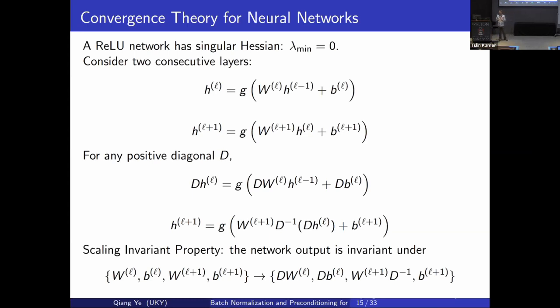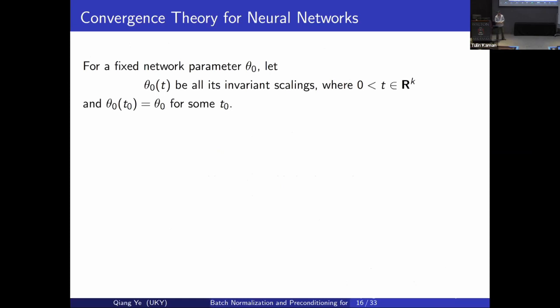So the output is invariant under this diagonal scaling. In general, a neural network is over-parameterized, so there are a lot of things like that.